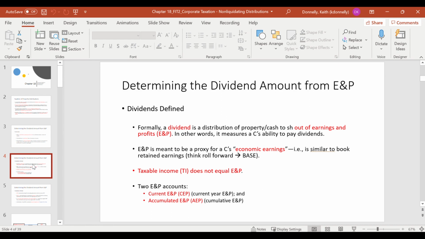So you can see two or three layers there. As I've indicated, we care about E&P because it determines whether we had a dividend. There are two types of E&P, current and accumulated. It's like net income and retained earnings: current year, and then all the other years built up.